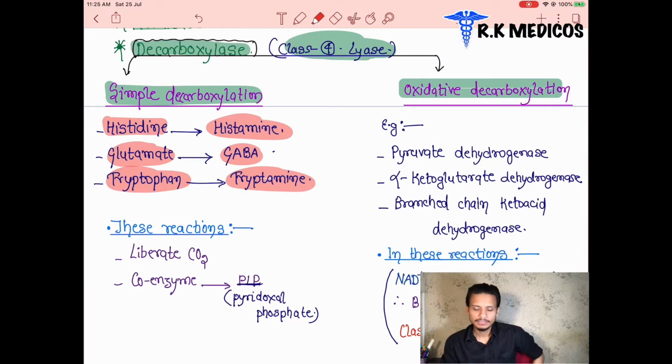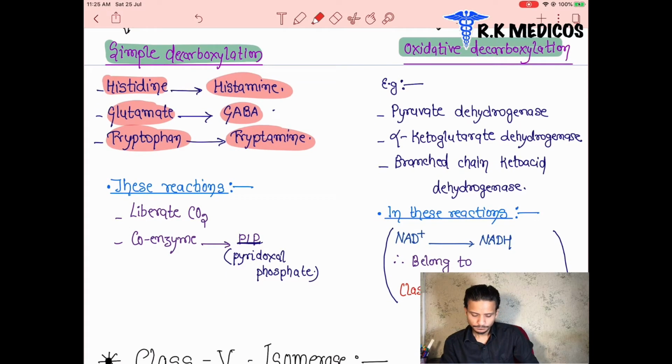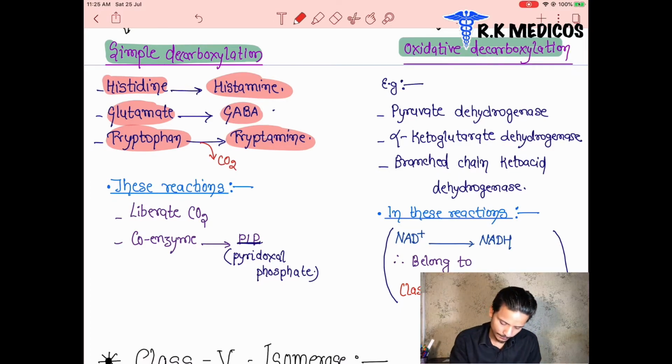And what is the main coenzyme, and what is liberated after simple decarboxylation? In all these reactions, one CO2 is liberated, and the coenzyme used here is PLP, pyridoxal phosphate.